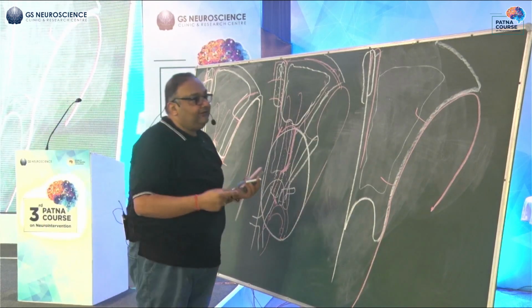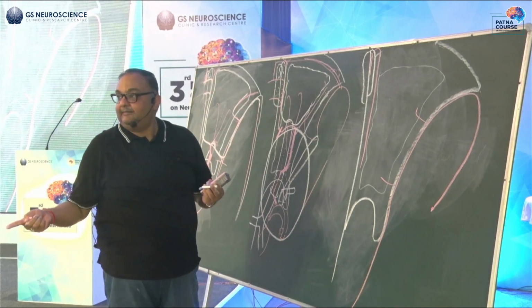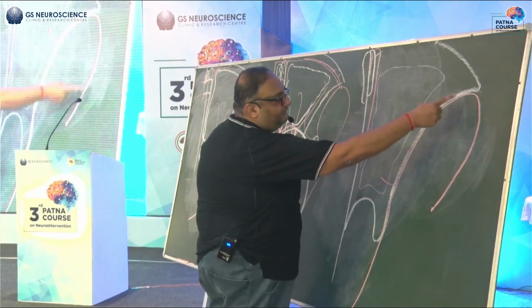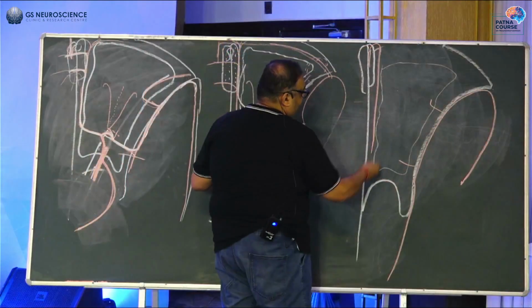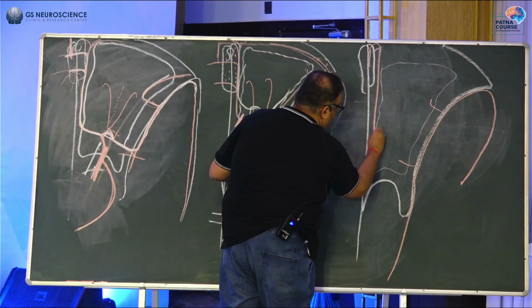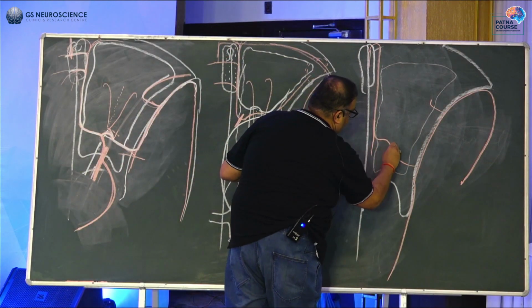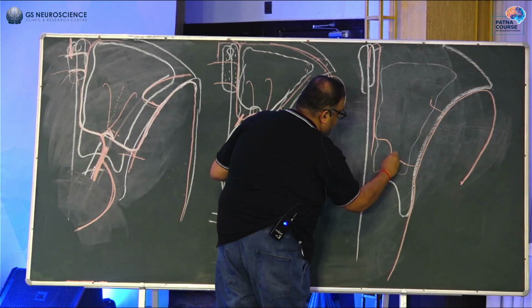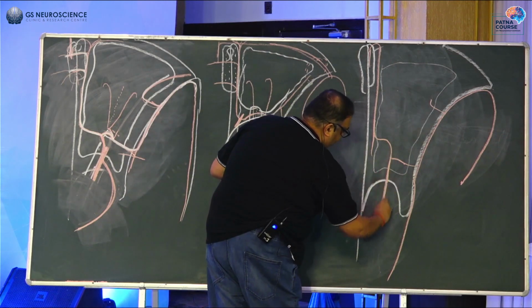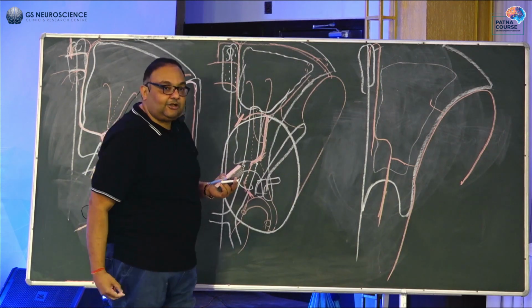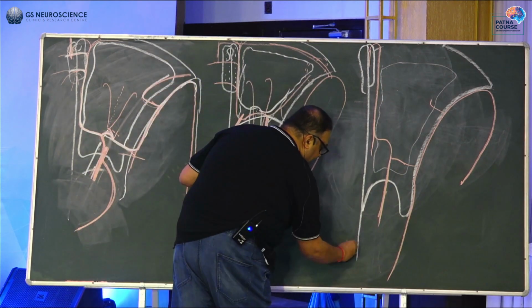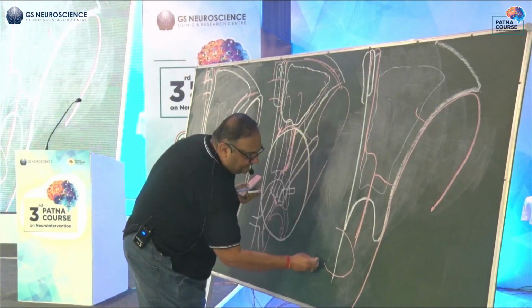So now, when you are injecting the external carotid artery, you will have one pathway like this, and you will have one pathway like this, and these will ultimately form the ophthalmic artery.